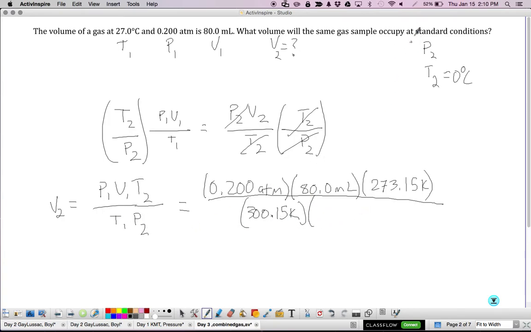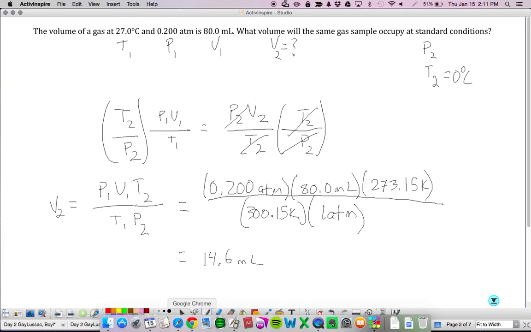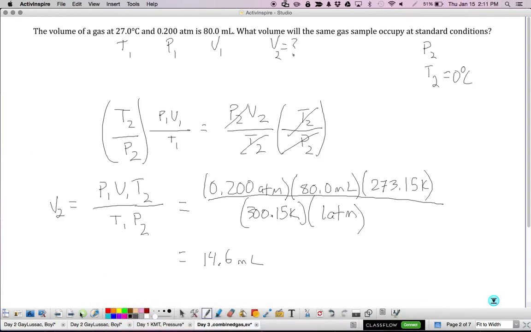And P2 is standard pressure, which is 1 atmosphere. Okay? So everything has three significant figures. This one atmosphere, that's a definition, so that's exact. So this has 3 sig figs, this has 3 sig figs, this has 4, this has 4. So our answer should have 3 sig figs. When I calculate it, I get 14.6 milliliters. Okay? So that's doing calculations using the combined gas law.